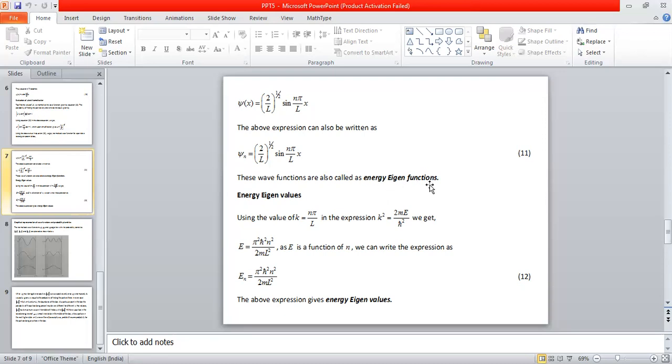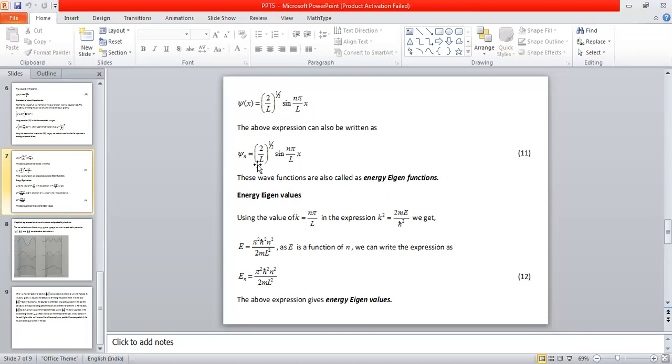So we are able to find an expression for the energy eigenvalues of the particle trapped inside the one-dimensional rectangular potential box, and they are completely normalized because we have found the normalization constant.